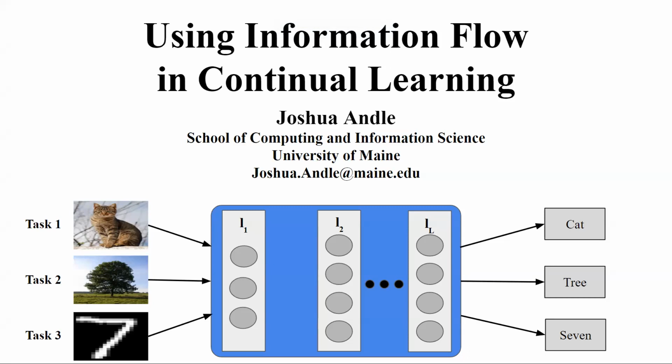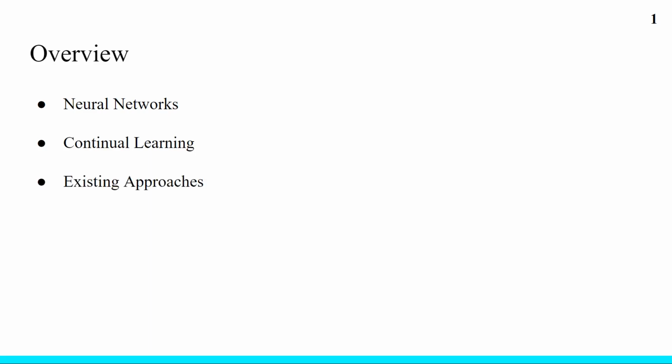Hello, everyone. Before I go over my talk, I want to give a brief overview about the material I'll be covering. I'll start off by addressing deep neural networks for anyone who's unfamiliar with them. We're moving on to continual learning and how it is applied to deep neural networks, as well as some existing applications and existing approaches.